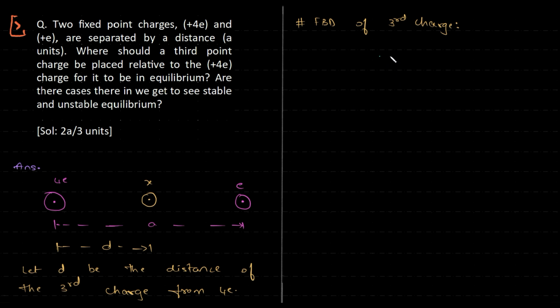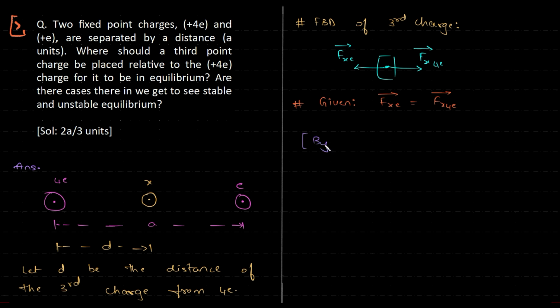So we are looking at two forces. The force on the third charge, let's call it x, due to 4e, and due to e. Since we are looking at equilibrium, the forces have to be equal. So F_xe is equal to F_x4e, right?